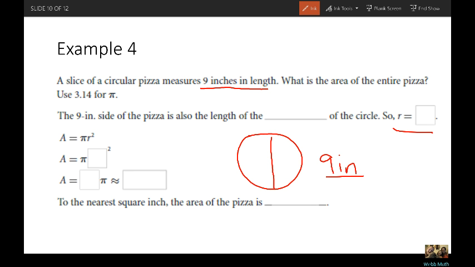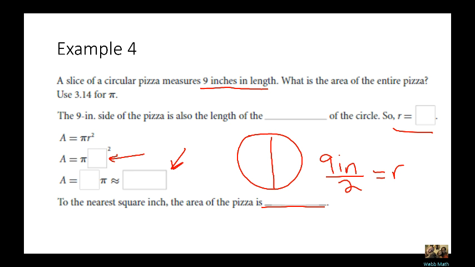And the radius is how much of the diameter? Okay, so once you find your radius, plug it back in. All right, square it times pi, and you'll get your answer. Make sure you show me, and then also remember, give me the exact measurement in context. Okay, so square inches. Let me know when you get that.